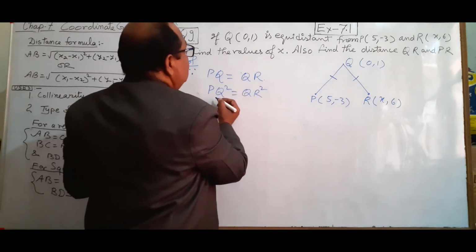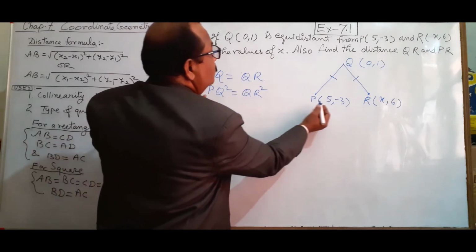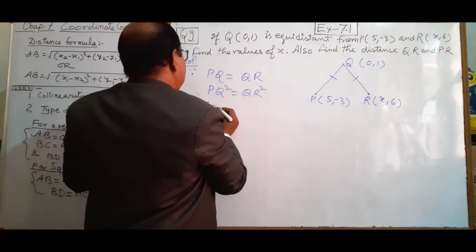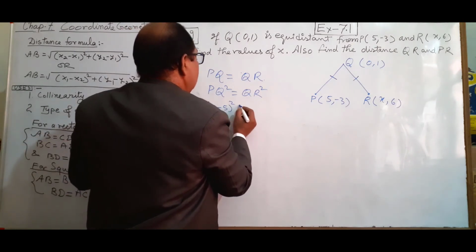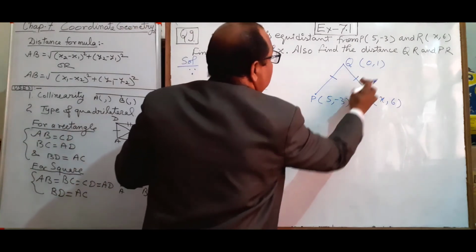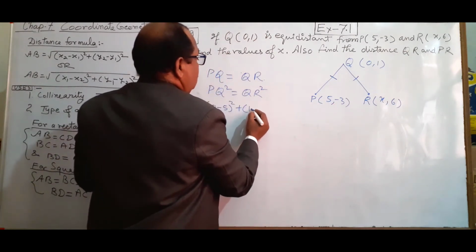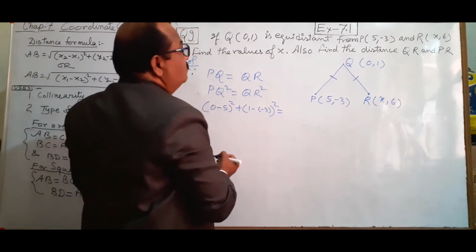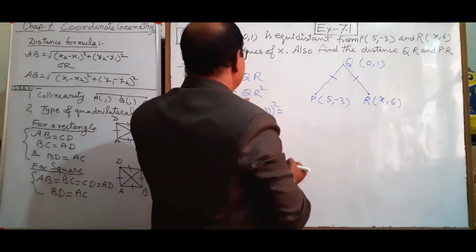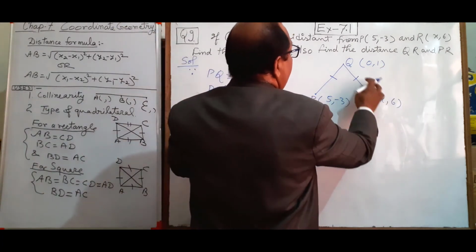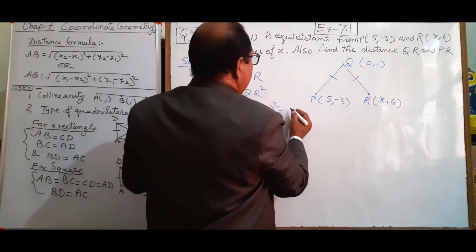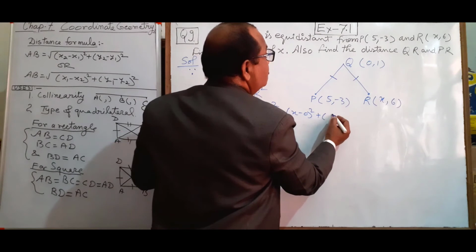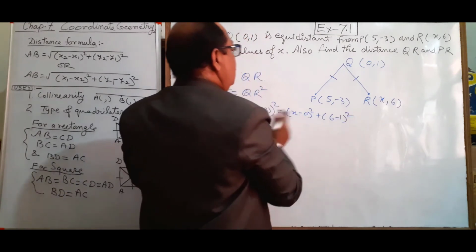Now substituting the value, PQ: (0 minus 5) whole square plus (1 minus 3) whole square is equal to QR. QR you can write (x minus 0) whole square plus (6 minus 1) whole square.